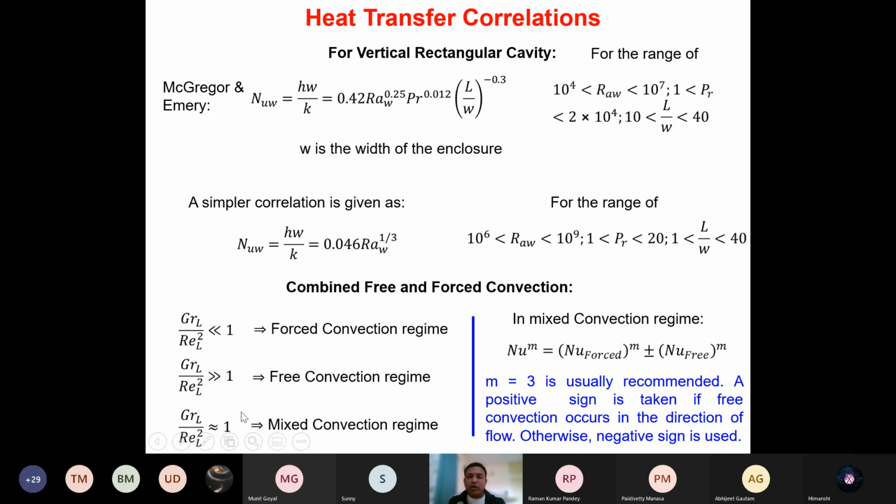When forced convection and free convection are both present, the Nusselt number is calculated based on the correlations of the forced convection and the free convection, raised to the power m, where m is in general equal to 3. Is it clear?